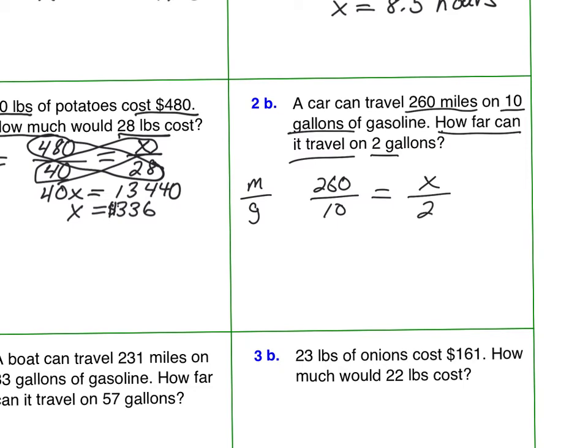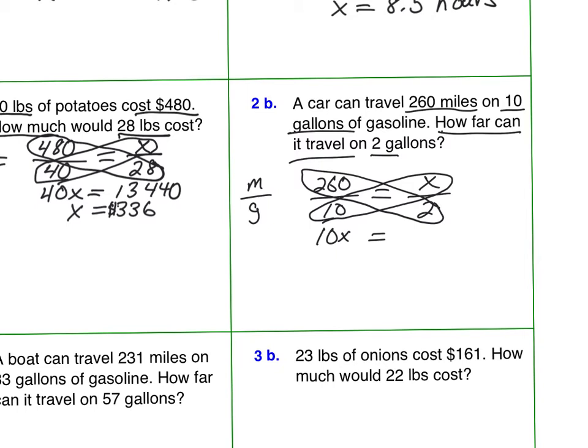Cross multiply, I get 10x equals, and you don't have to put the, as one of my friends refers to them, the breadsticks in there. You don't have to show that. You just have to know that you're cross multiplying. Cross means you're going across the equal sign and diagonally.